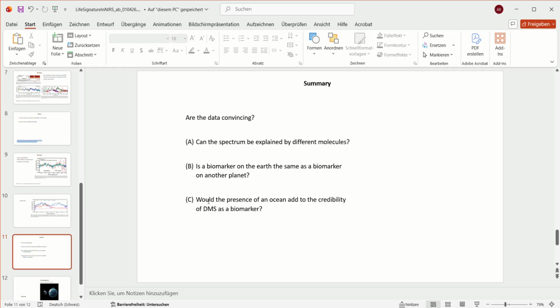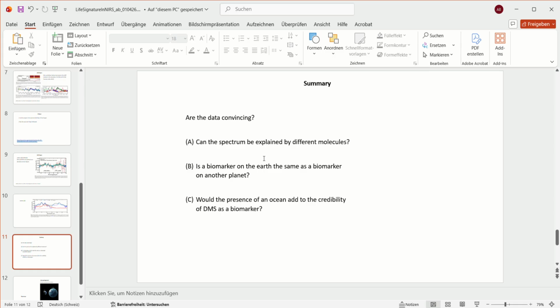And the third question is, would the presence of an ocean add to the credibility of DMS as a biomarker? Life in another solar system doesn't have to look exactly like life on Earth. People think water helps.